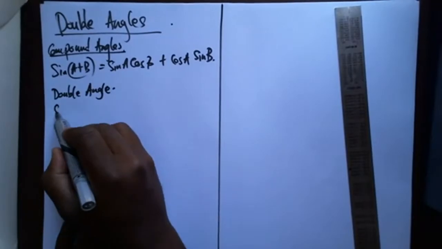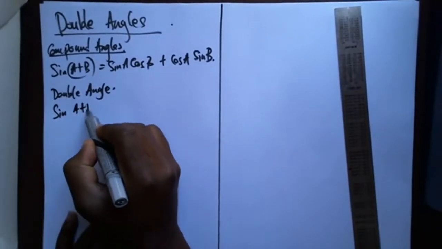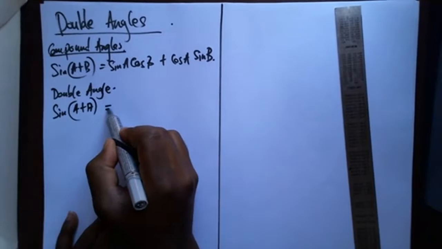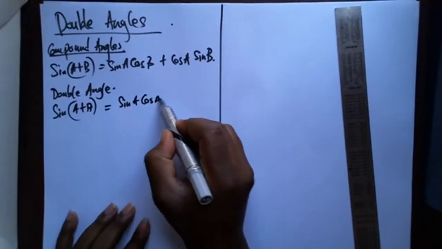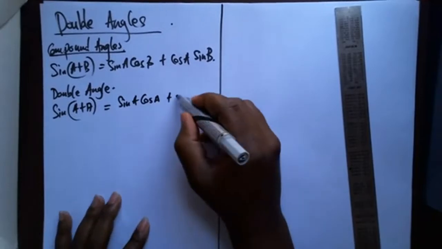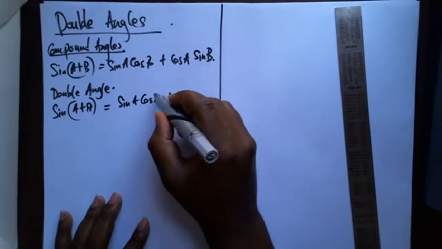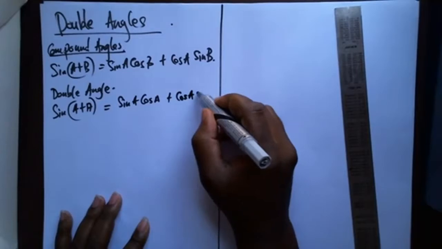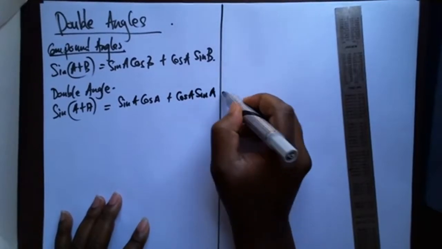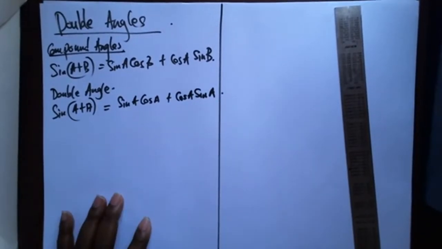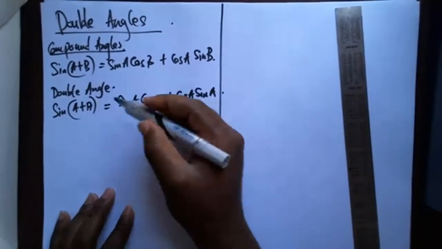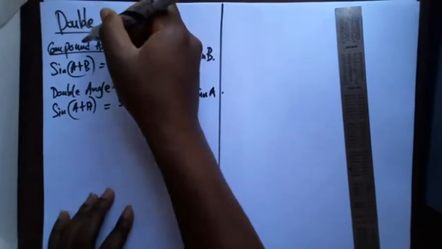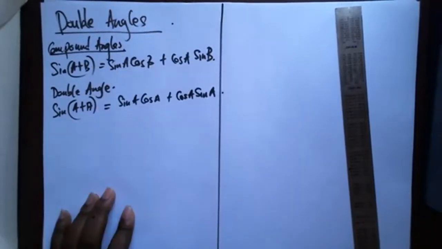So the double angle becomes sine(A plus A) is equal to sine A cos A plus cos A sine A, because we have A and A here. But A and A are the same. So that's where the name double comes from. This one is compound because they're different. This one is double because they're the same.